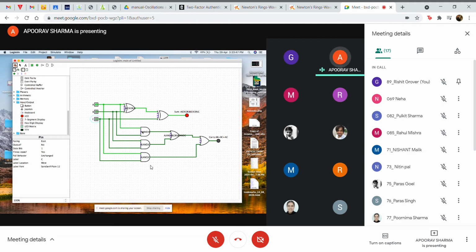If it is not working, it is definitely a mistake in your connections, because gates cannot be faulty here, right.